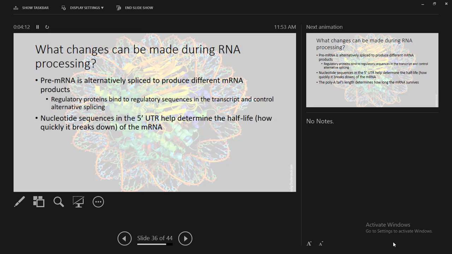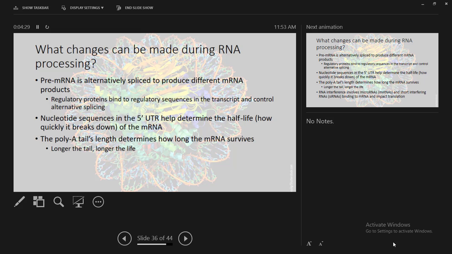Okay? So if you don't want as much expression of an mRNA for some reason, you make it to where that mRNA is not going to stick around as long. So it's not going to be translated as many times. The poly A tail basically does the same. The longer the tail, the longer this mRNA survives.